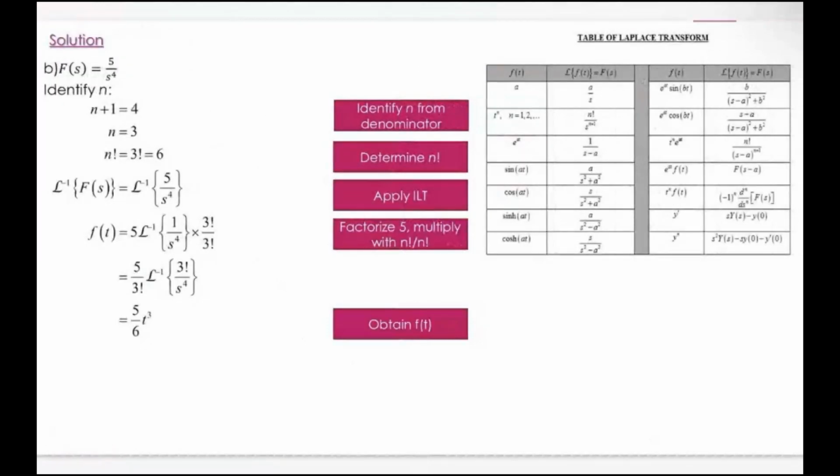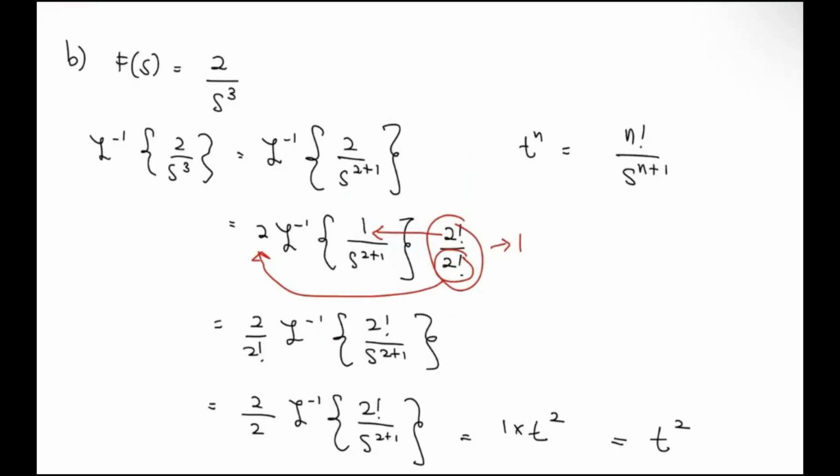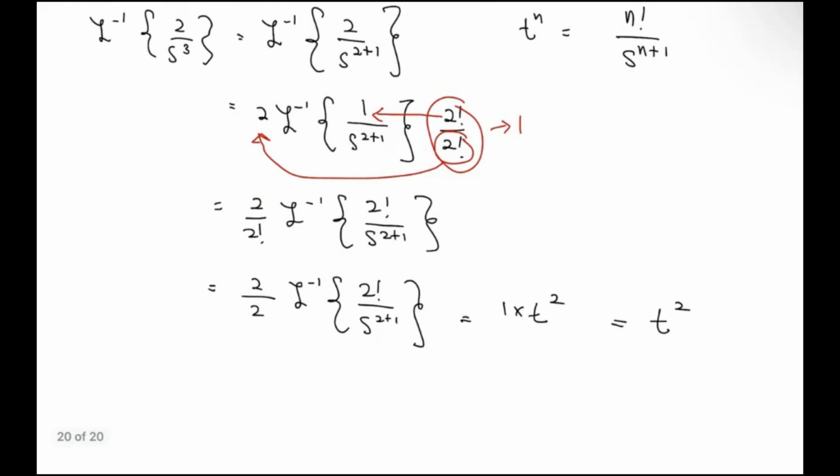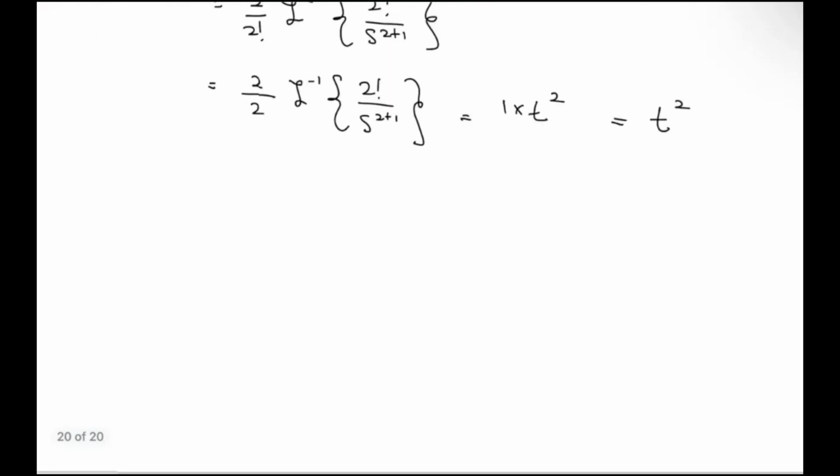Okay, let's see question B. 5 over s to the power of 4. So let's say we have F(s) equal to 5 over s to the power of 4.